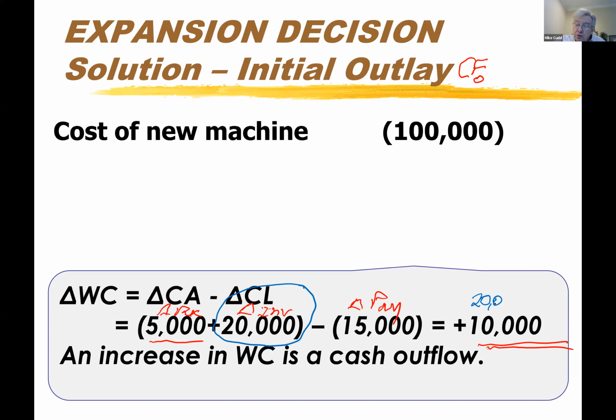If we bought more inventories, which way would the cash be going, in or out? It'd be going out. So an increase in working capital is actually a cash outflow.